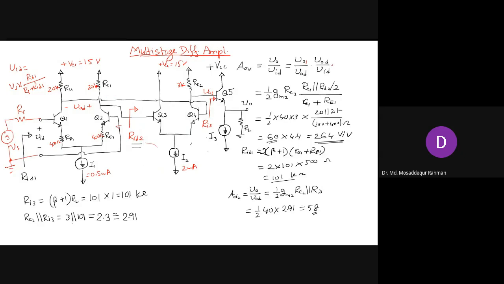And with that, you have to multiply the gain of this voltage buffer, which will be V0 by V01. That will be your overall gain. So you need to consider also the gain for this third stage, the voltage buffer, and that is this common collector. For the common collector, we know the gain will be V0 by V01.